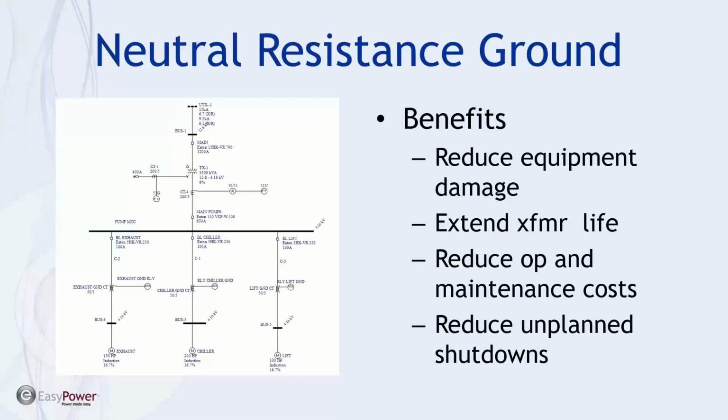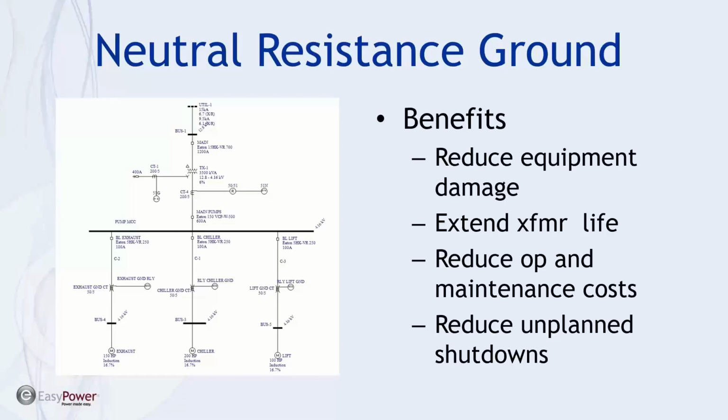It has the potential for reducing operation and maintenance costs, and potentially reducing unplanned shutdowns because a catastrophic event can be avoided. It makes it a little easier to debug ground faults and detect them early. So there are some advantages to utilizing the neutral ground technology or application.